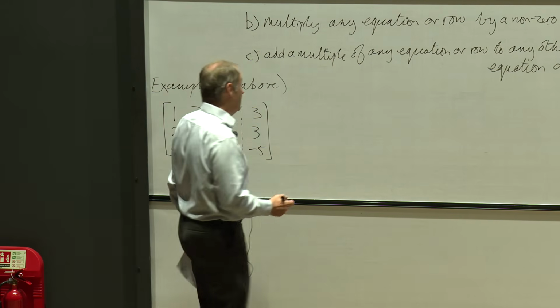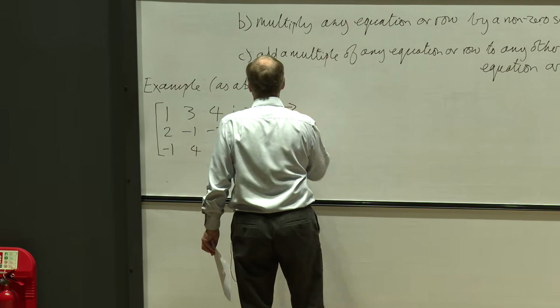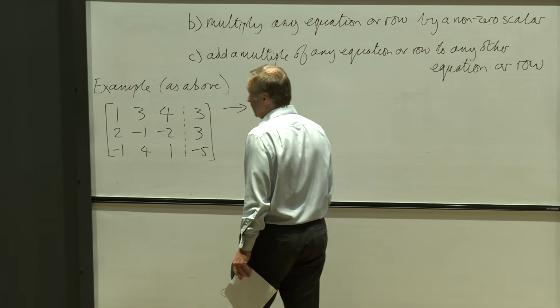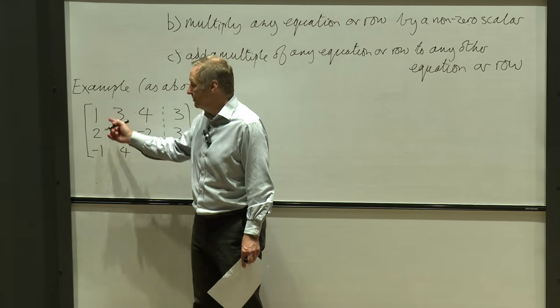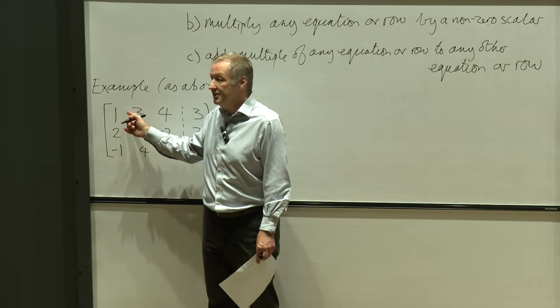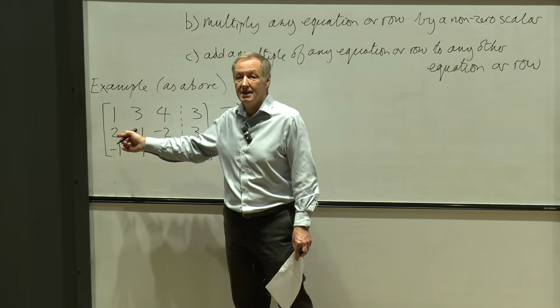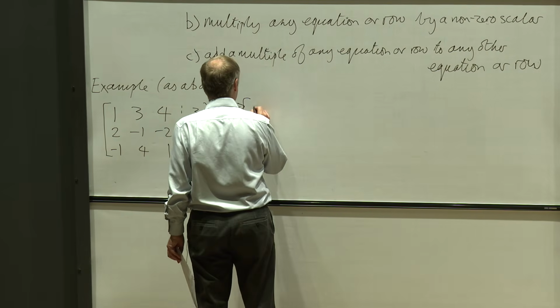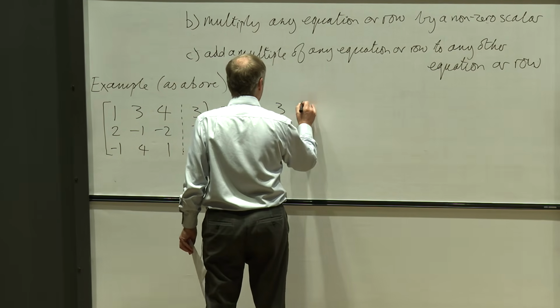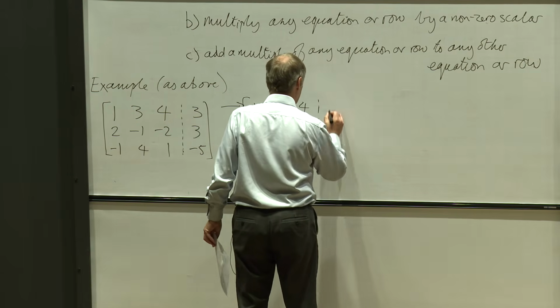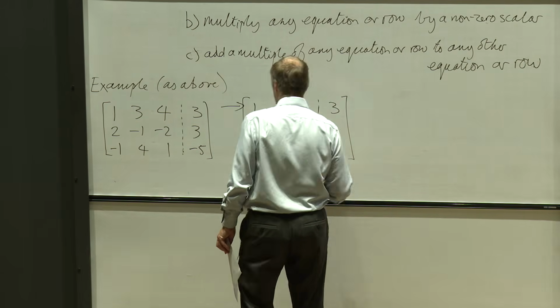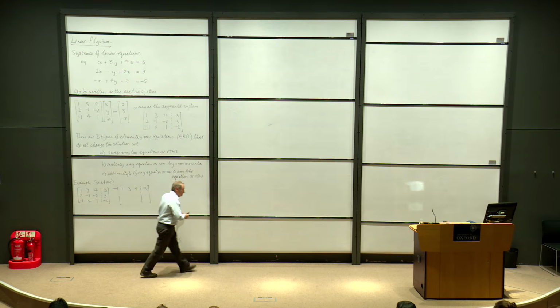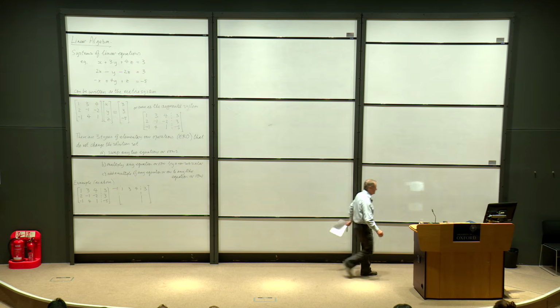Okay, so now I'm going to apply elementary row operations. All right. So the first thing I'm going to do is I'm going to subtract twice the first equation from the second equation. So I'm going to leave the first equation alone, so this will be the same. 1, 3, 4, partition 3. But I need to leave myself space to tell you what I'm doing, so I'll leave some space.